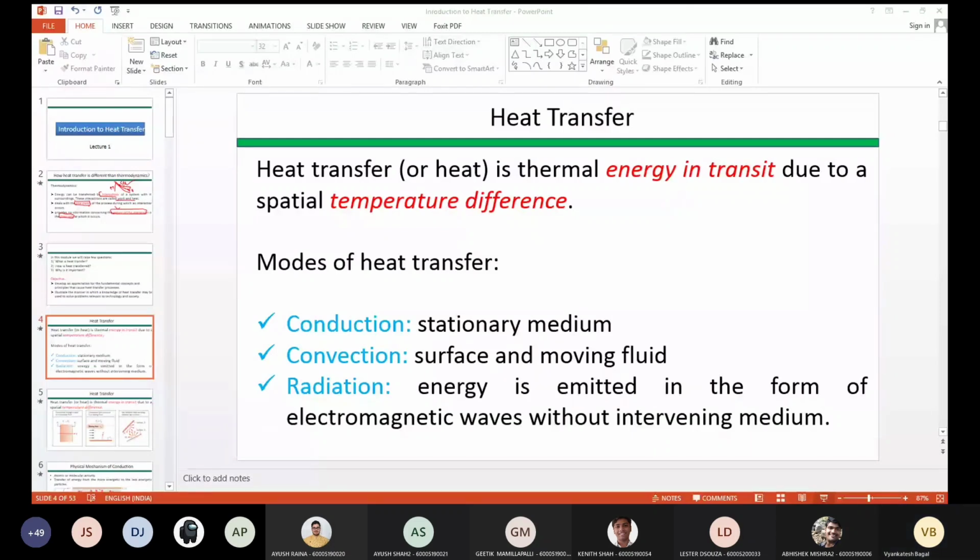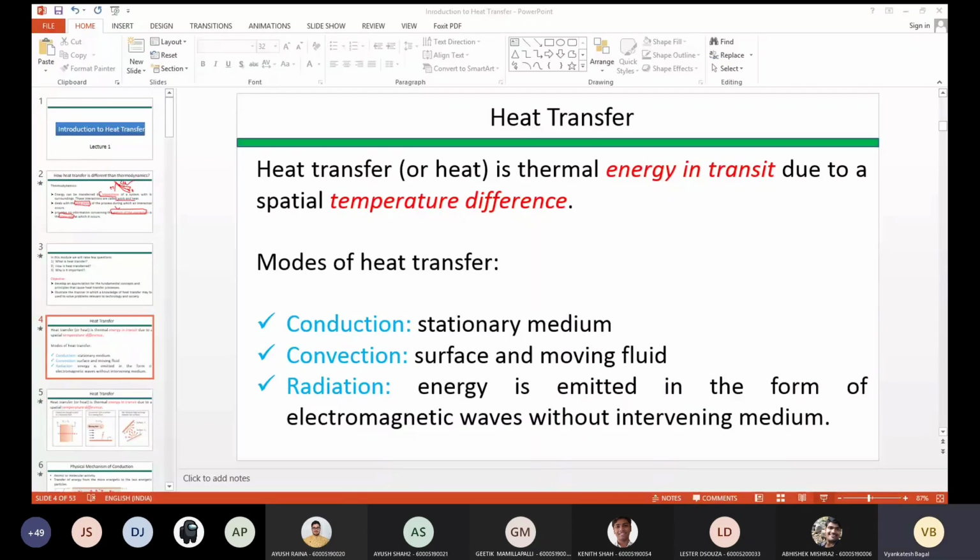Is it clear? The driving potential in case of heat transfer. I think your drawing is not visible to us. Okay, but at least you can understand what I'm explaining. In case of heat transfer, the driving potential is the temperature difference. As long as the temperature difference exists, the heat transfer will take place. When will heat transfer cease?